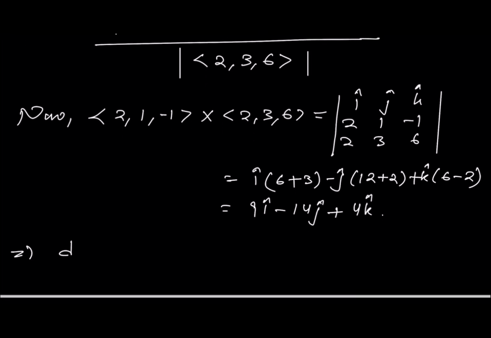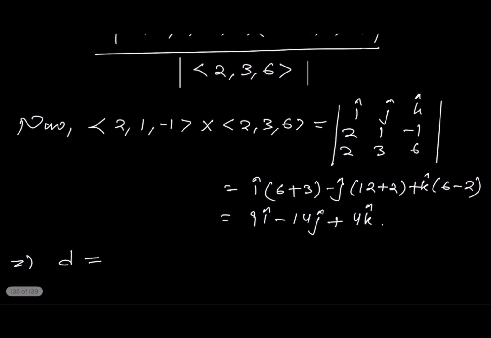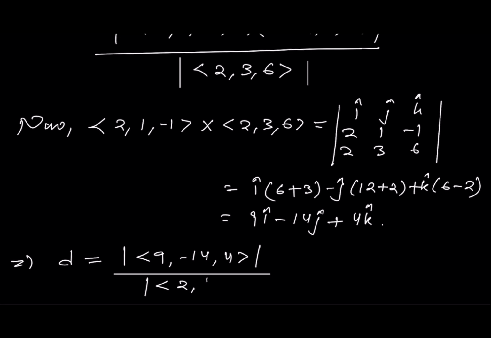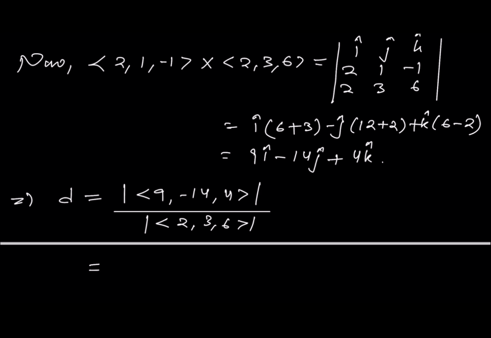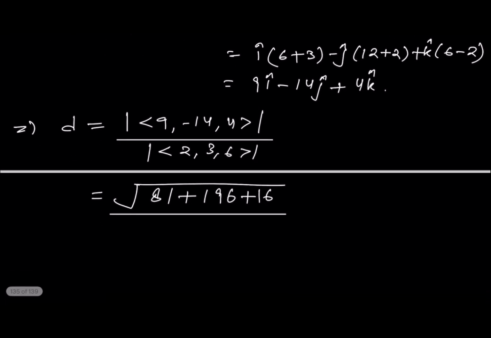So d will become mod of 9, minus 14, 4 on mod of 2, 3, 6, or root over 81 plus 196 plus 16 on root over 4 plus 9 plus 36.